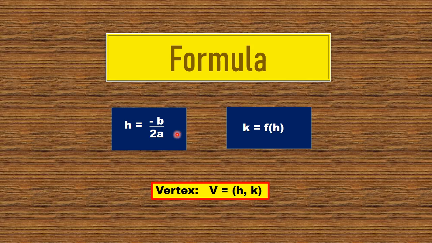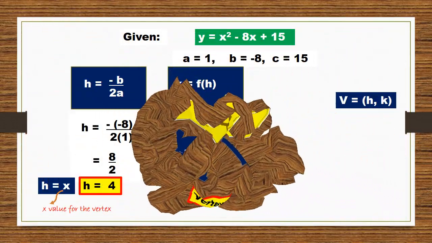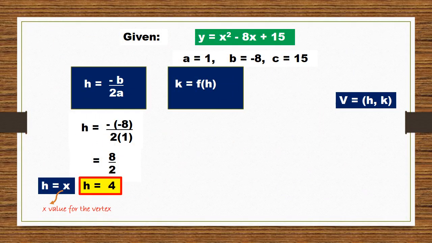Formula. h equals negative b over 2a. K equals function of h. Same given problem. It's the value of a, b, and c. Substitute this in this formula. So we have h equals 4.